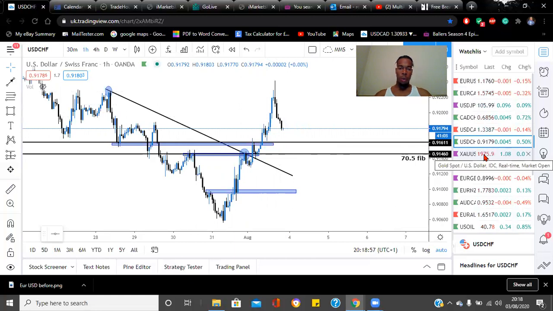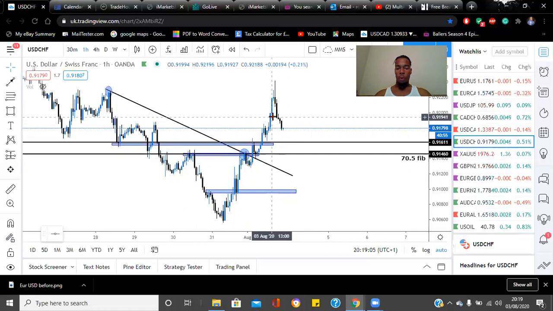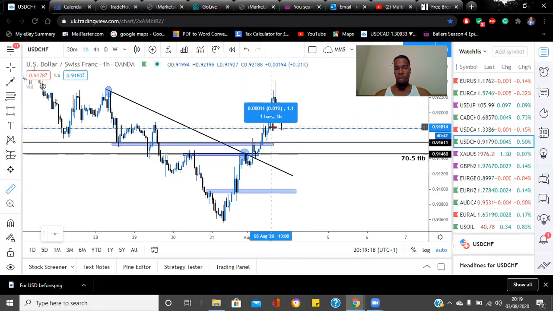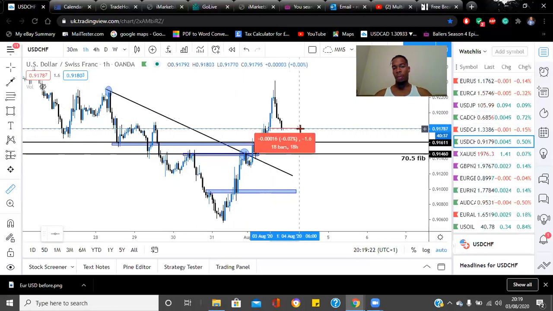Another thing you can do as well, if you want to secure some profits, is twin trade. So always risk 1 to 2% of your account, and if you twin trade, let's say the price was 30 pips into profit, then you can put your stop loss 5 pips above your entry, meaning that if price comes back down, then you'll be taken out of the trade, yes, but not in a loss.